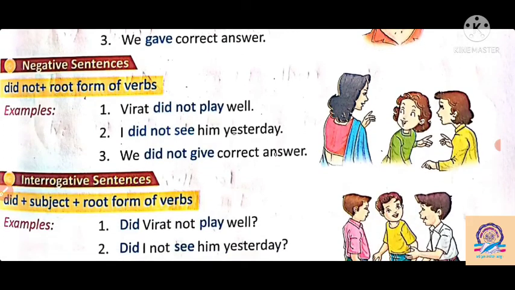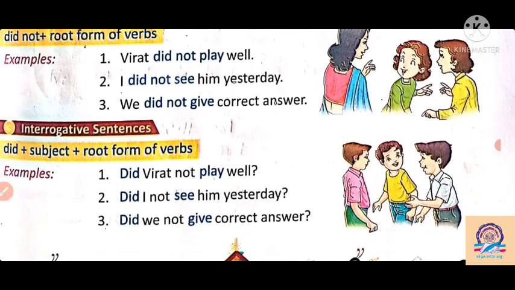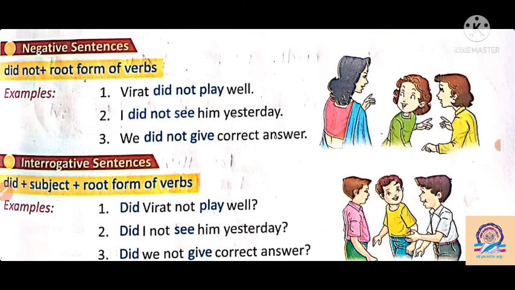Then a negative sentence is given here. What do we have to use here? First of all, did not is required. Did is a helping verb. If we put did here, then we have to use the root form of the verb.